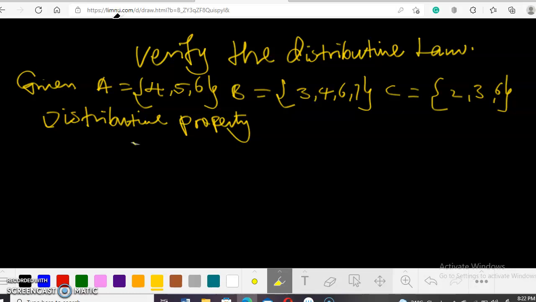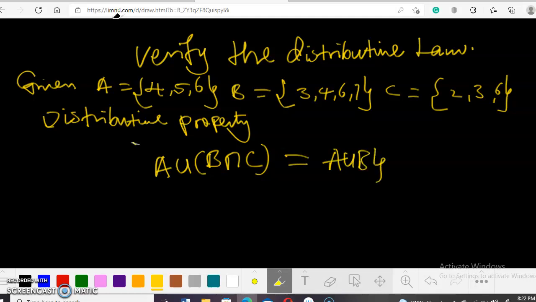The distributive property affirms that A union B intersection C is equal to A union B intersection A union C.